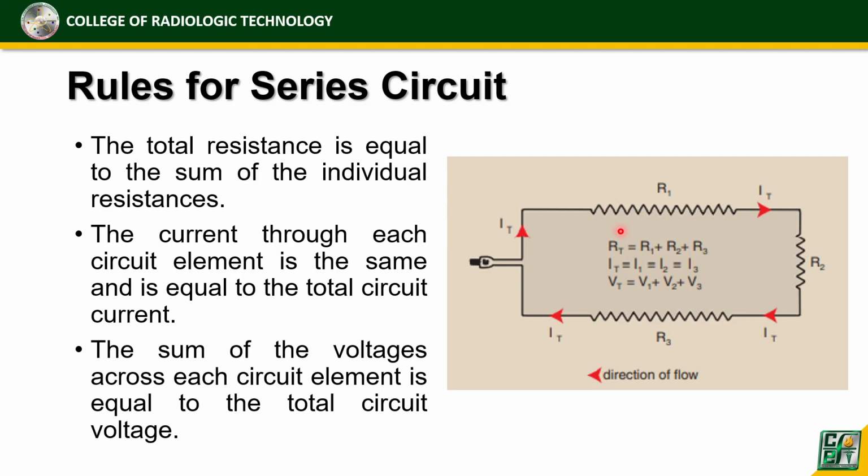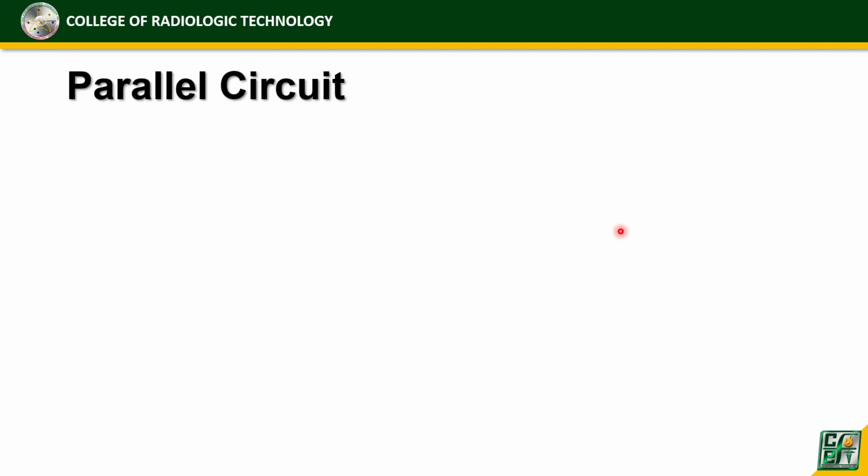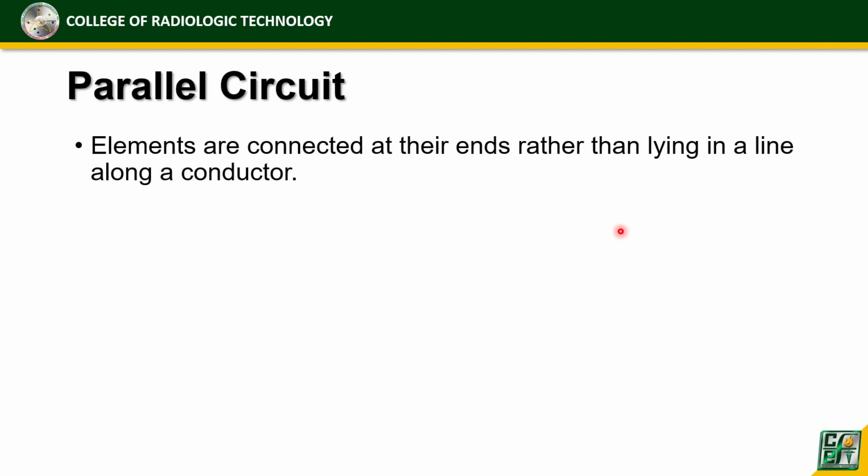Okay, so proceed na ba tayo sa parallel? Sige, let us see. Thank you. Parallel circuit naman, each circuit element is connected at their ends rather than lying in line along a conductor.